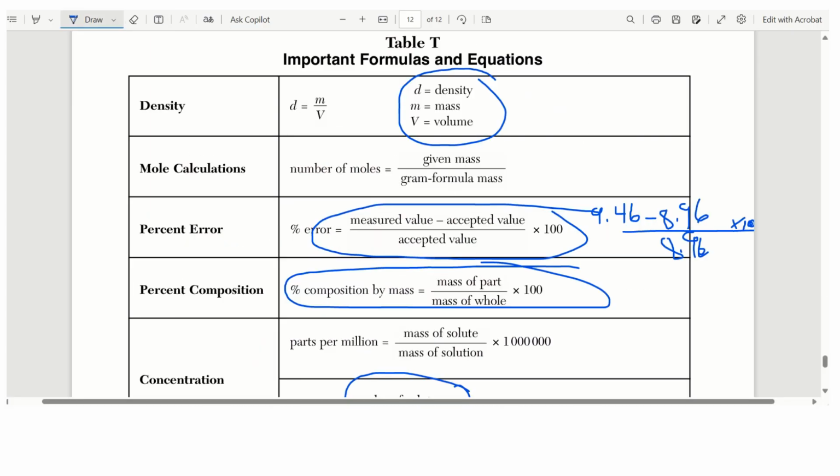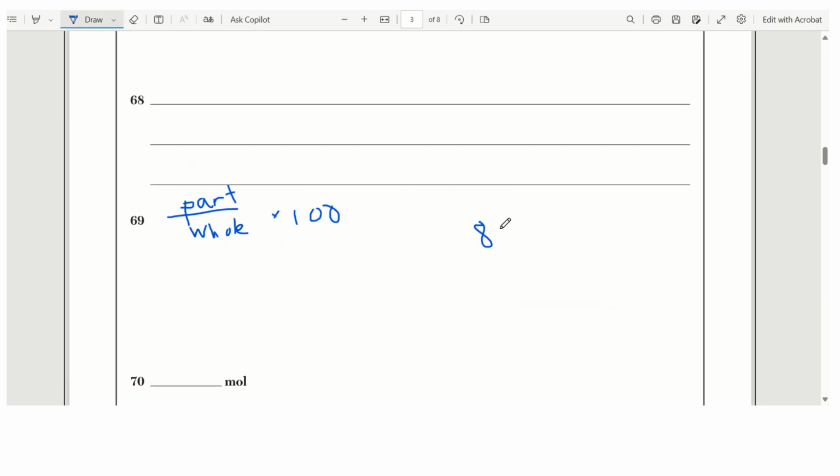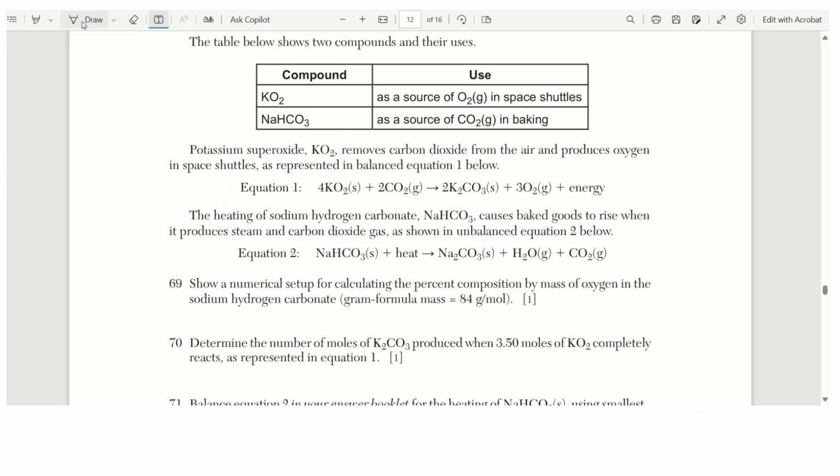So now I know that the whole is 84, right? I need the part, okay? And I got to keep the times 100. So it was asking me to find the percent composition by mass of oxygen in this, right? So here is the formula for sodium hydrogen carbonate.